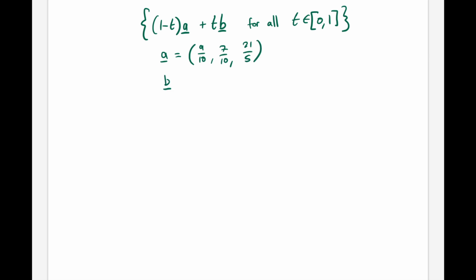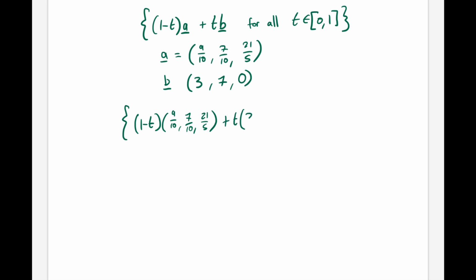And our second solution, B, that we found by pivoting again, gave us that x1 was equal to 3, x2 is 7, and x3 was 0. We can therefore write our set of optimal solutions as (1 minus t) times (9/10, 7/10, 21/5), plus t lot of (3, 7, 0).